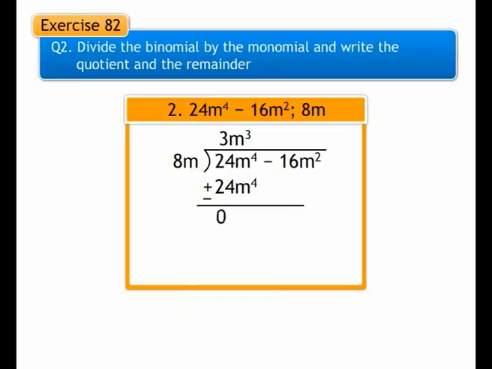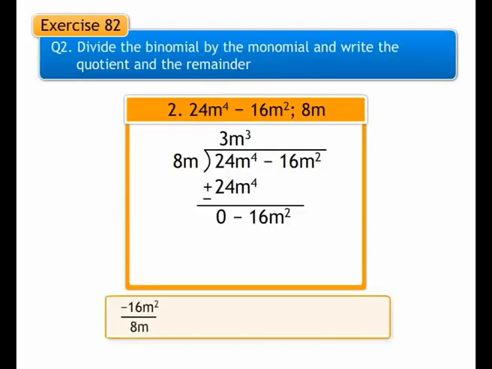Taking the second part of the dividend down for division, that is minus 16m square as per our separation, now our dividend becomes 0 minus 16m square. Now we will divide minus 16m square with 8m, numerator-denominator form. That is minus 16m square upon 8m, which is minus 16 upon 8 into m square upon m.